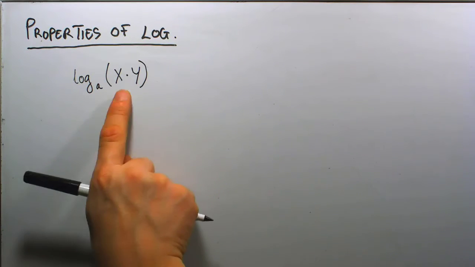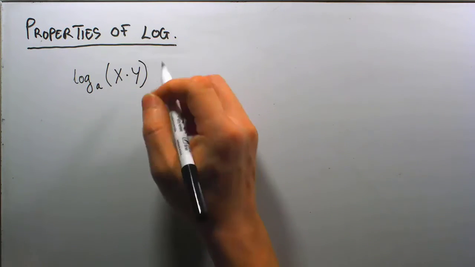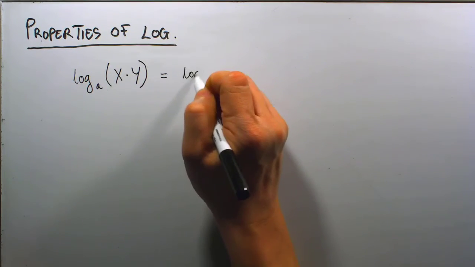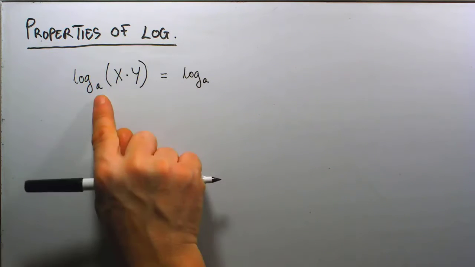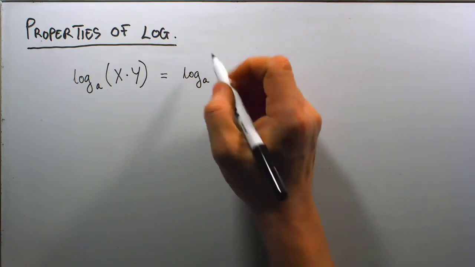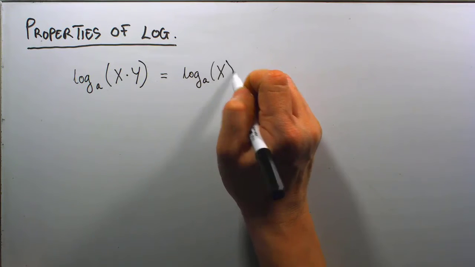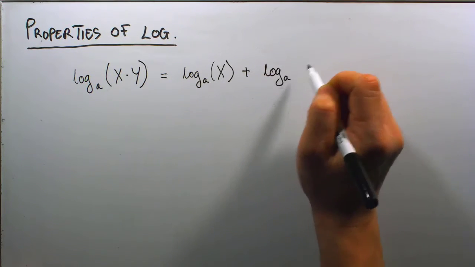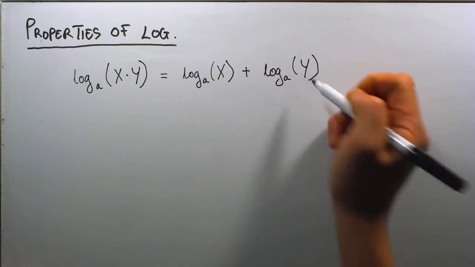Log base A of the product x times y will equal log base A of x plus log base A of y. Notice the same base as the beginning log.